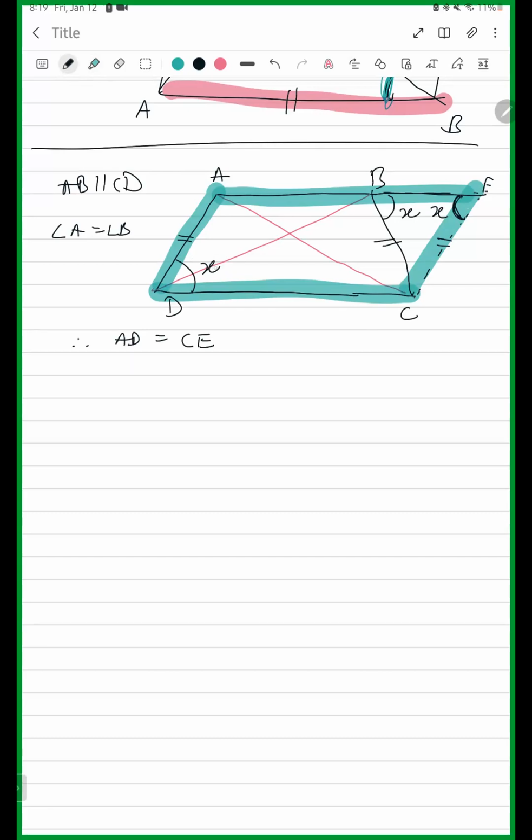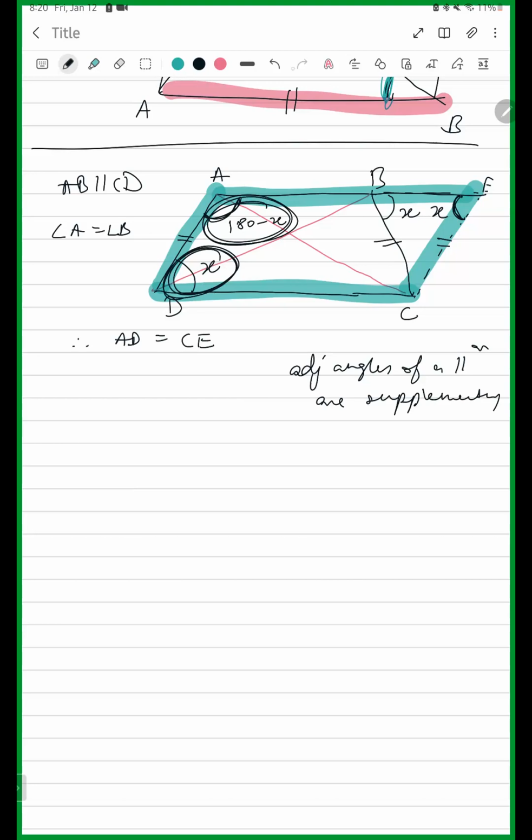And look at this one. We know that adjacent angles of a parallelogram are supplementary, meaning they add up to 180. So this one should be 180 minus x, right? Because this is x, so this should be 180 minus x.